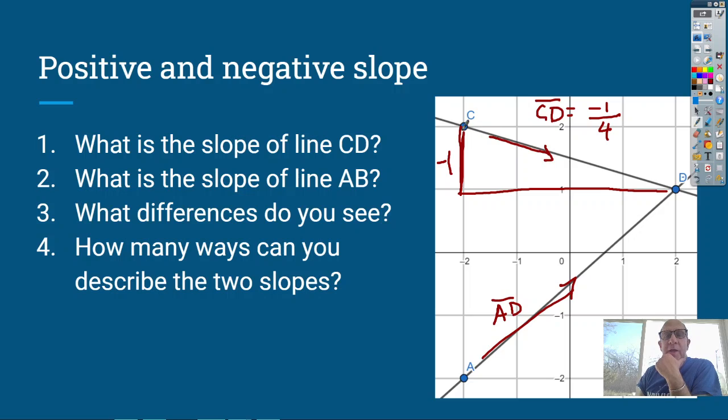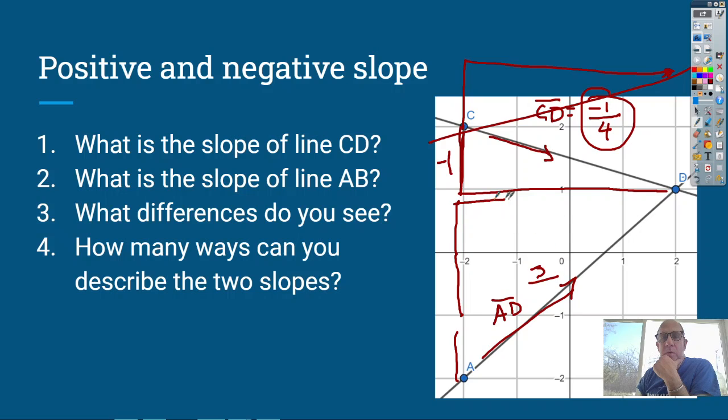Right? It has to be negative because if I said it was a slope of 1 over 4, you would go up 1 and over 4, and that would be completely the wrong line. So lines going down have what we call a negative slope, while lines going up have what we call a positive slope because they go up and then they go over.